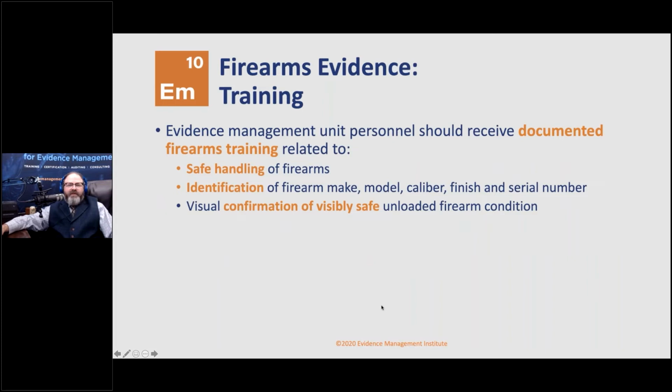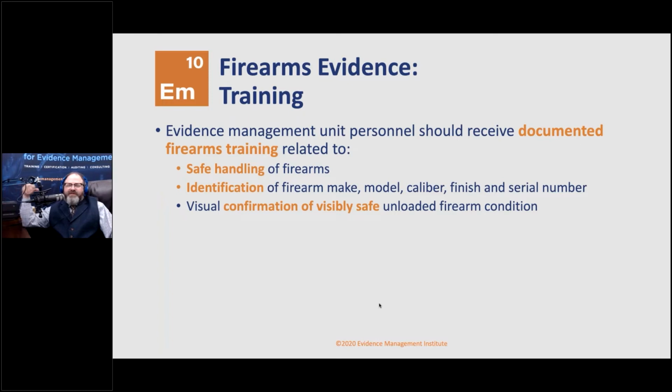And we also recommend that all evidence managers, and we've talked about this a little bit when we talked about firearms, but it is critical that evidence custodians, especially civilians who don't typically handle firearms in the normal course of their duties, receive documented safety training specific to firearms, to show them how to handle firearms safely, to show them how to identify the make, model, serial number, finish, and all the unique identifiers related to firearms, and how to confirm that that firearm has been made safe, how to visually confirm that that firearm has been made safe.